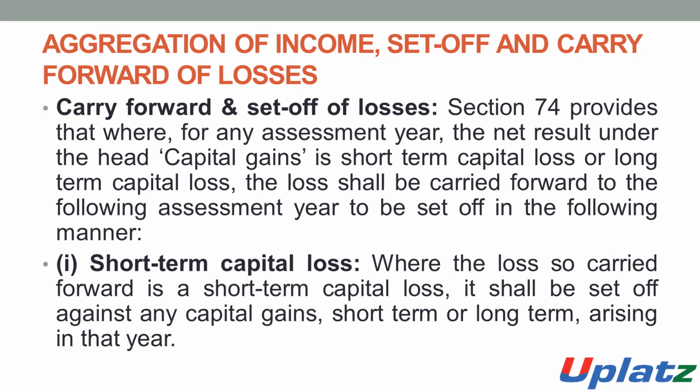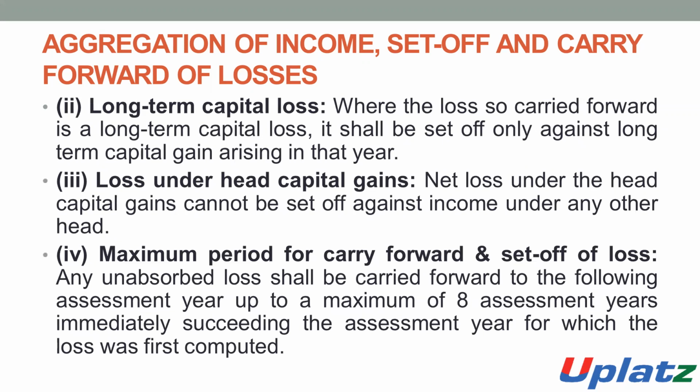If there is any short-term capital loss carried forward, then such loss can be set off against any capital gain, whether short-term capital gain or long-term capital gain, in the relevant assessment year.